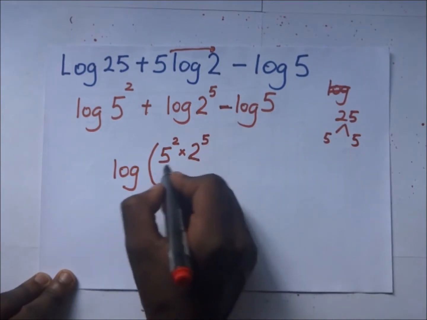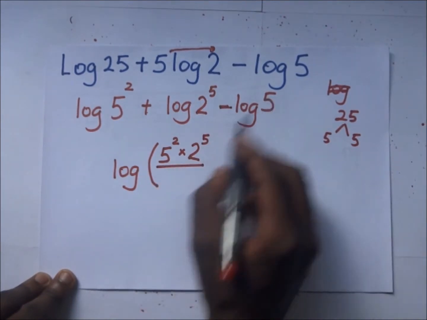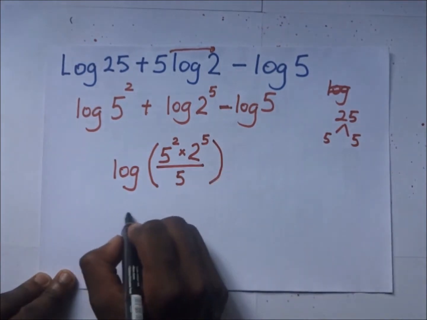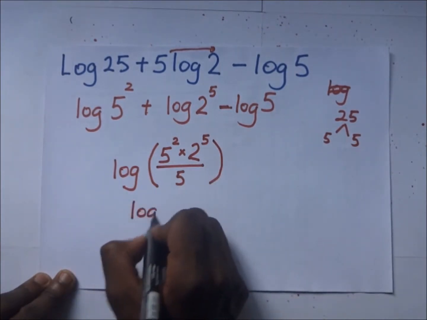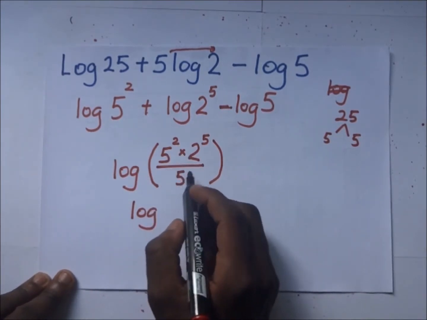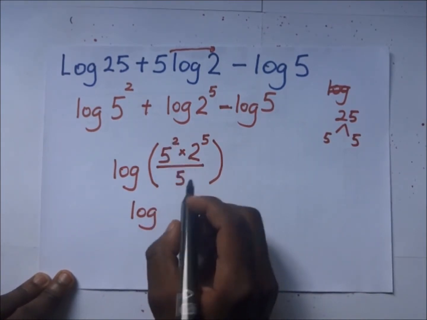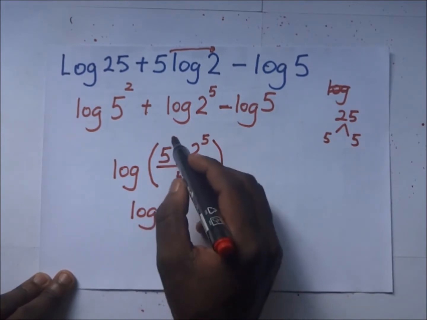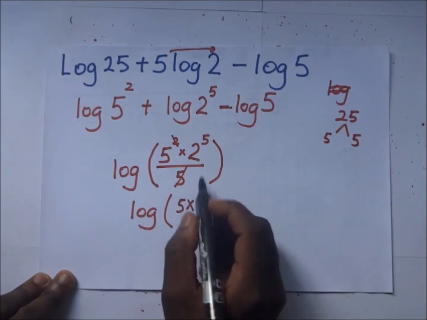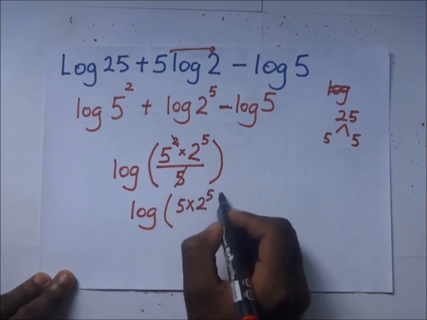Since this is minus, we shall divide by 5. And so our answer here is going to be log of 5 squared times 2 to the power 5, divided by 5. This 5 will cancel with one of those 5s. You remain with 5 times 2 to the power 5.